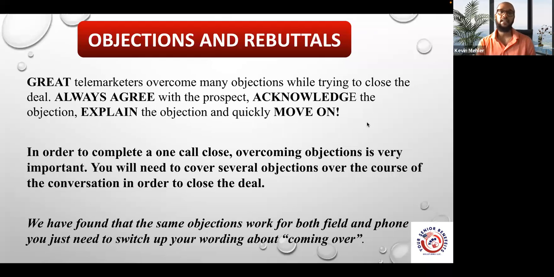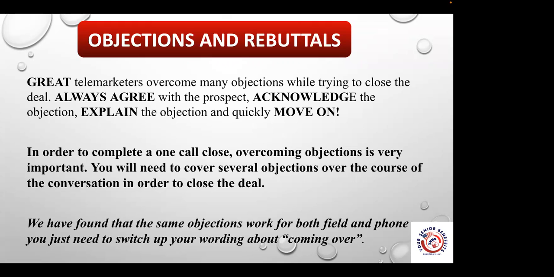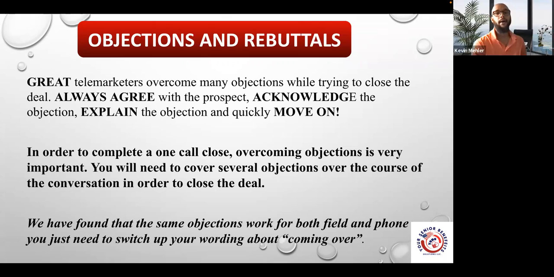All right, and then as far as objections and rebuttals, let's see here. Great telemarketers overcome many objections while trying to close the deal. So while they're trying to always agree with the prospect, acknowledge the objection and explain the objection quickly and then just move on, all right?